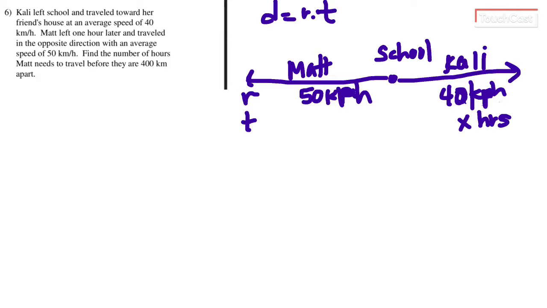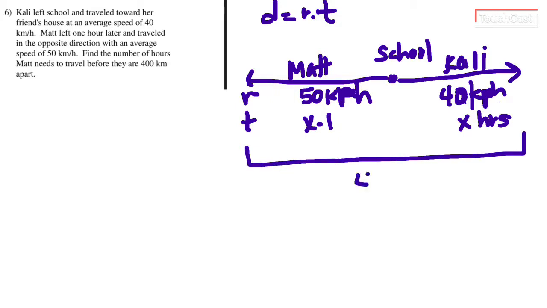And then we know that Matt left 1 hour later, so if he left later, he drove for less time, and so we have X minus 1 hour for Matt, for his time. Now, we want to find the number of hours that it takes for both of them to drive in opposite directions and be eventually 400 miles apart, or 400 kilometers apart.